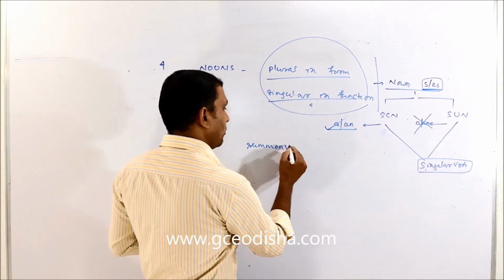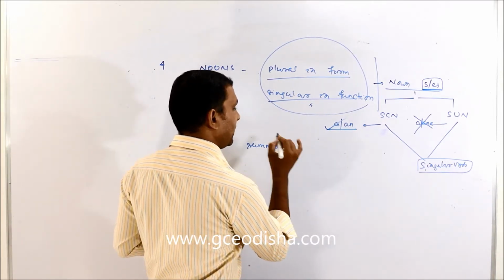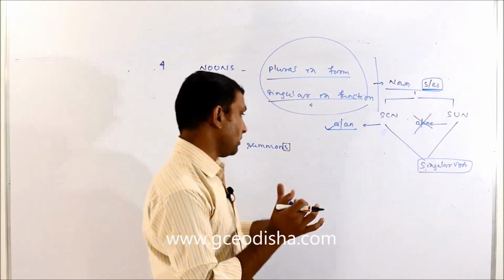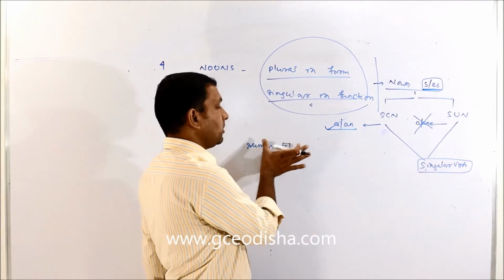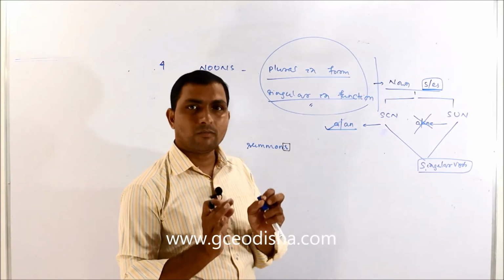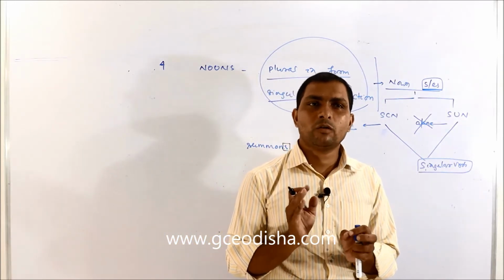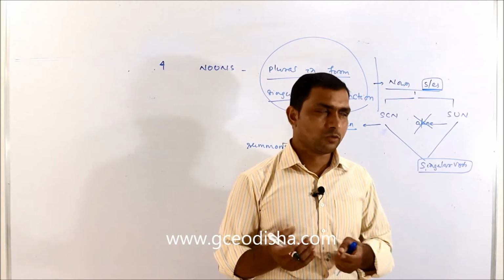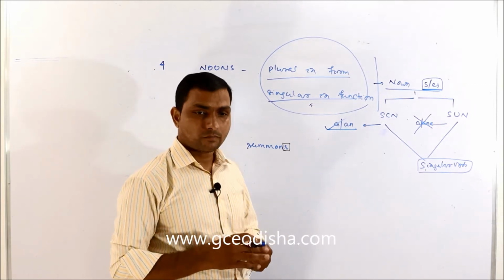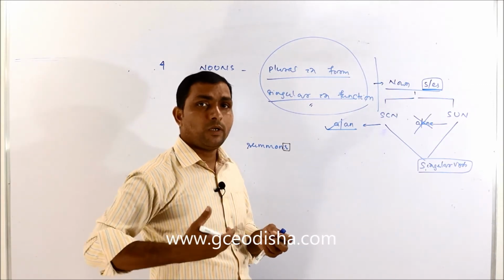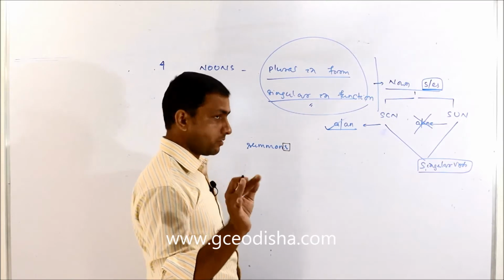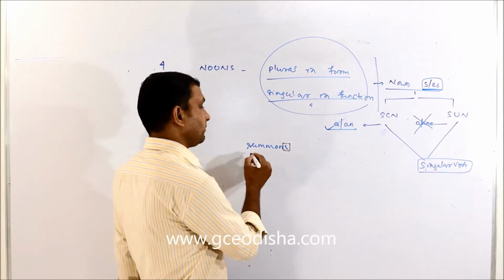The word already has an s, so it might give a confused indication that this word may be plural, but it is not. A summons is something notified from the court, that somebody will appear before the judge and put his side in front of the judge.